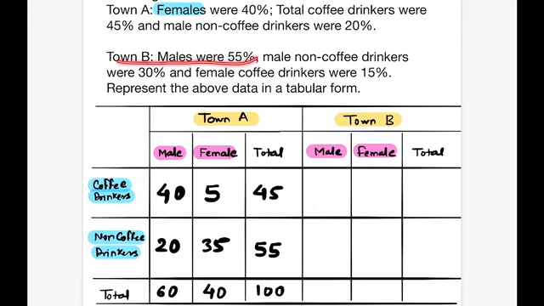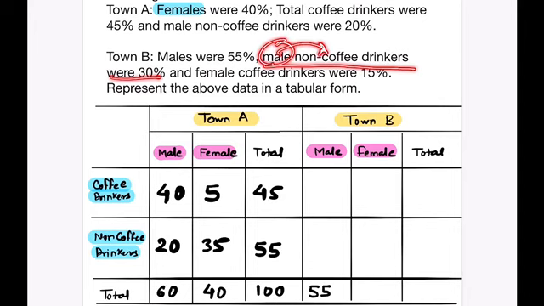Town B, males were 55%. Males, whether coffee or non-coffee drinkers. We have been given the total. Town B, males, total 55%. Male non-coffee drinkers were 30%. Those are males with non-coffee drinking habit.